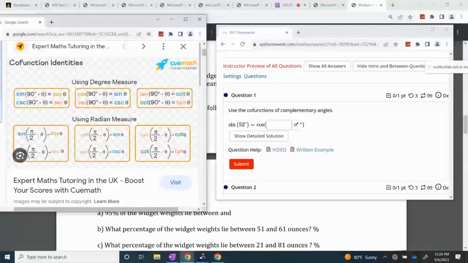The sine of 52 degrees is equal to the cosine of blank degrees. So I'm going to use that first formula. The sine of 90 degrees minus theta. I'm sorry, this is 52.